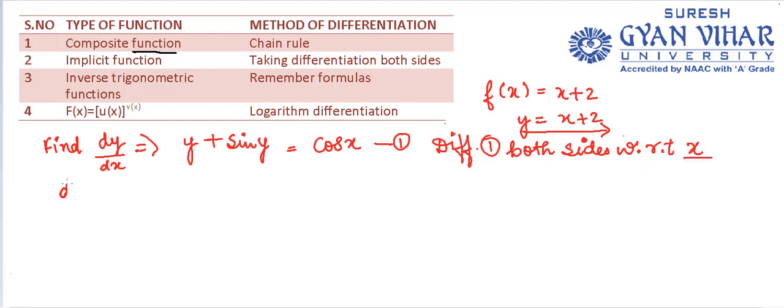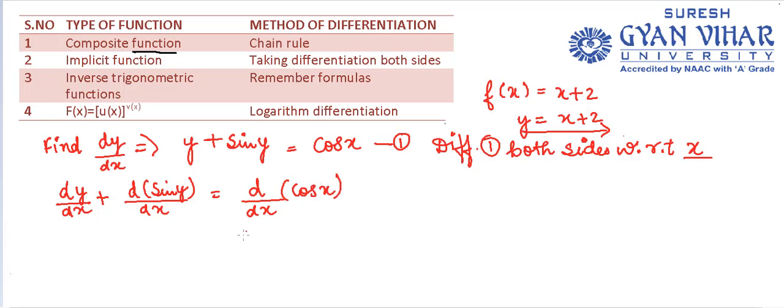So we can write it as dy by dx plus d of sin y by dx equals d by dx of cos x. So you have to write dy by dx, and for sin y it is cos y, but you have to write dy by dx because it is with respect to x.